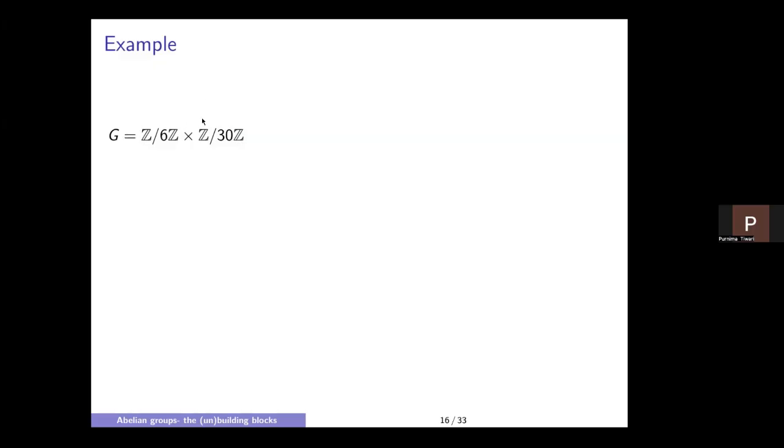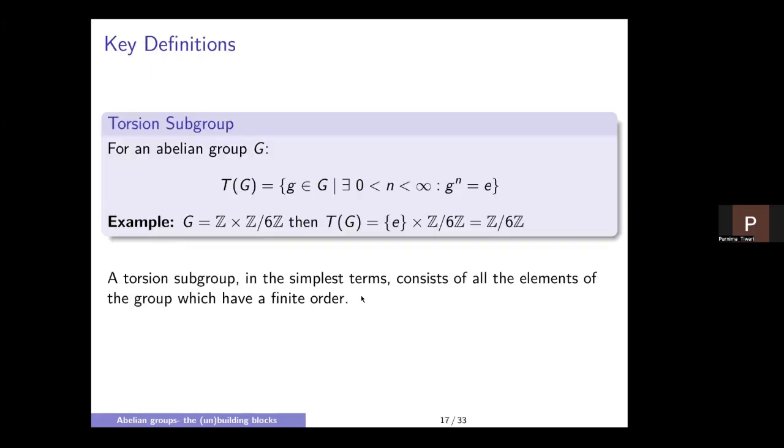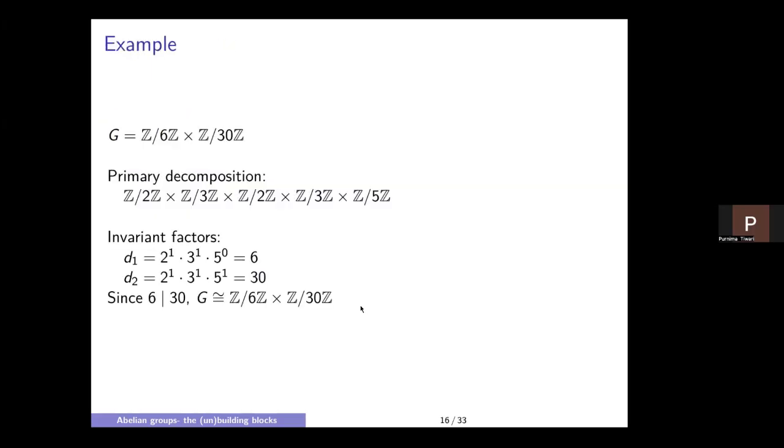We have G, and we divided Z6 into Z2 and Z3, and we divided Z30 into Z2, Z3, and Z5. So that we have d_1 as 2 to the power 1, 3 to the power 1, and 5 to the power 0.